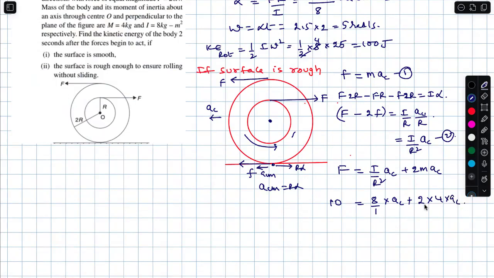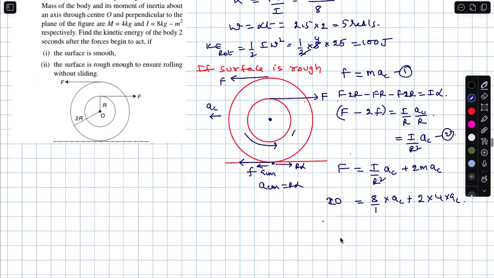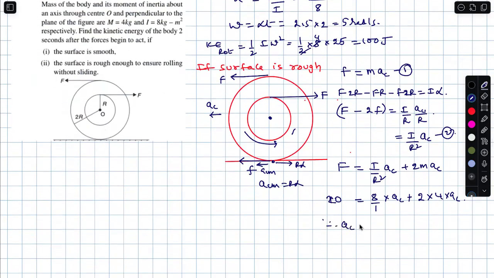This will become 16 AC. Yes or no? So therefore, AC is 20 by 16, 5 by 4. That's AC.